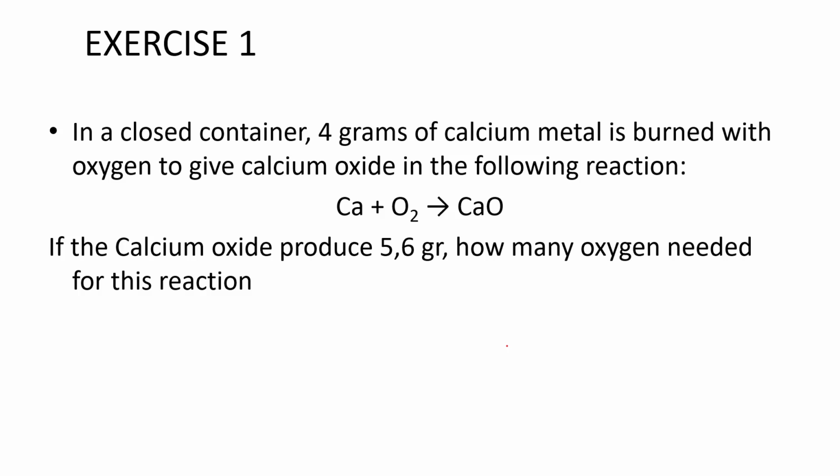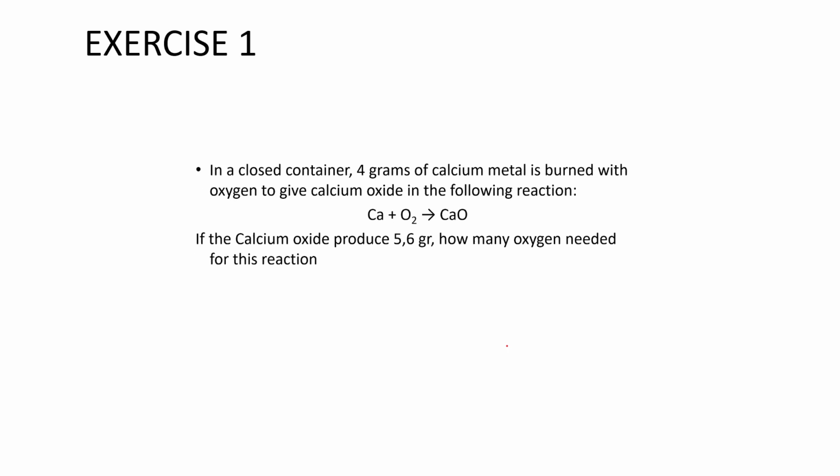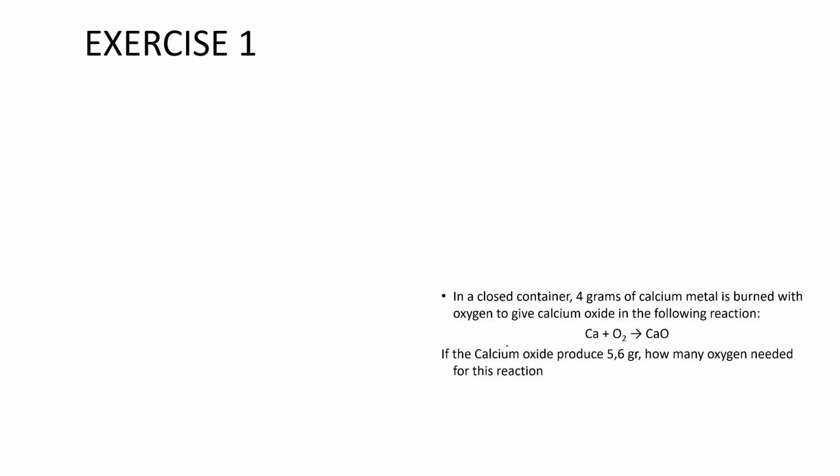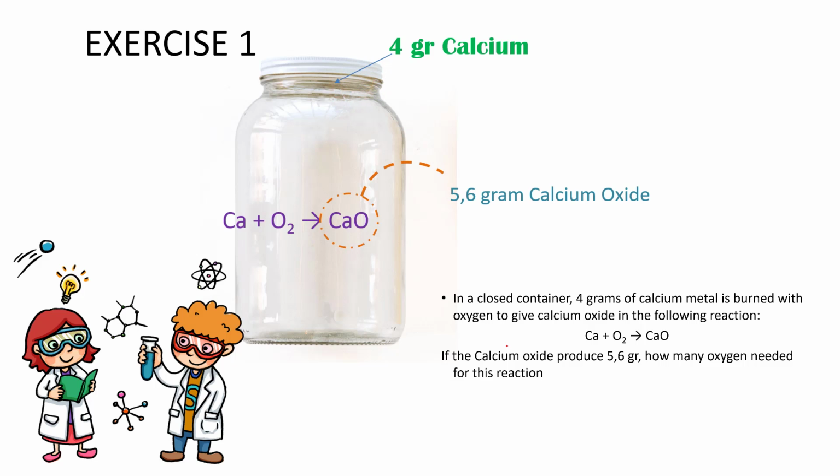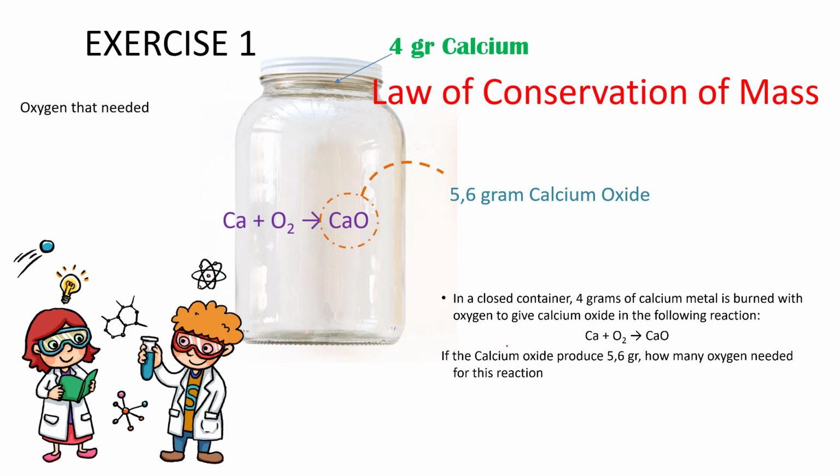In order to answer this problem, let's make a visualization. In a closed container, we have 4 grams of calcium, and it goes through this reaction to produce 5.6 grams of calcium oxide. So it follows the law of conservation of mass.